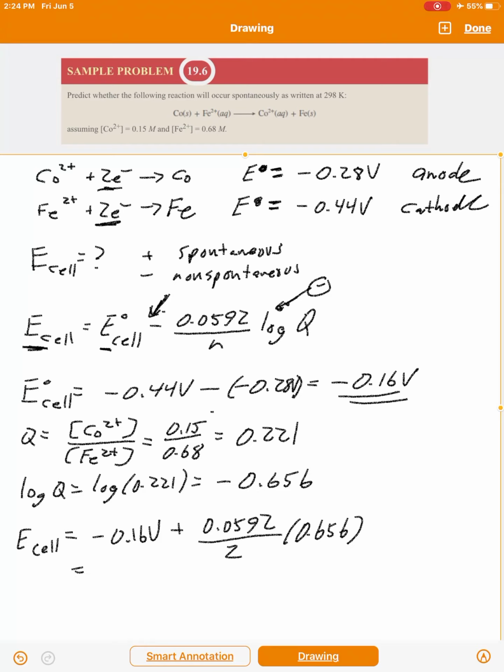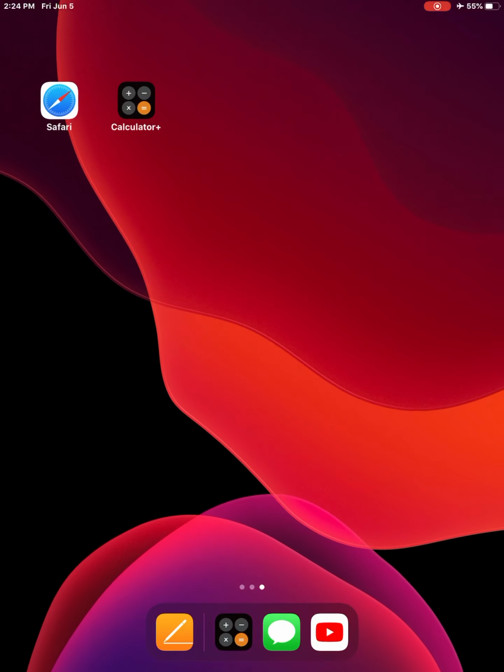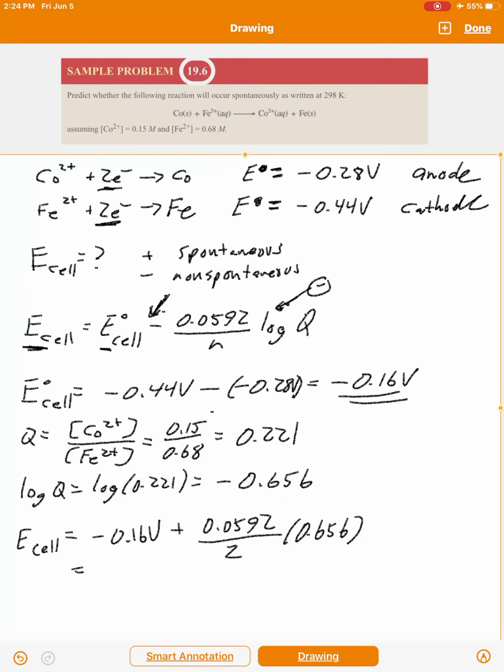So let's do 0.0592 over 2 times 0.656. So I guess we could just add it to our negative. Do we have the negative 0.16? Oh, we don't. Okay. So let's come over here.